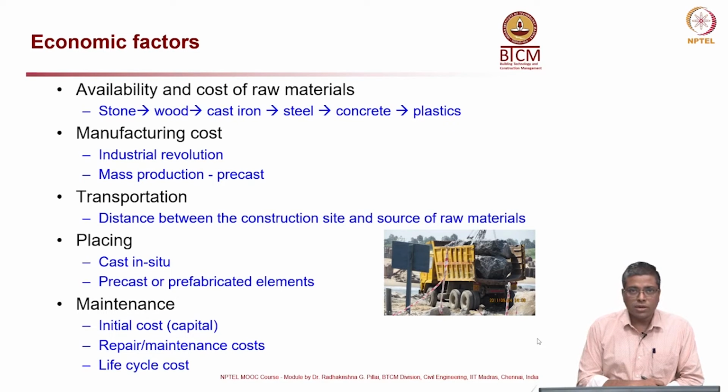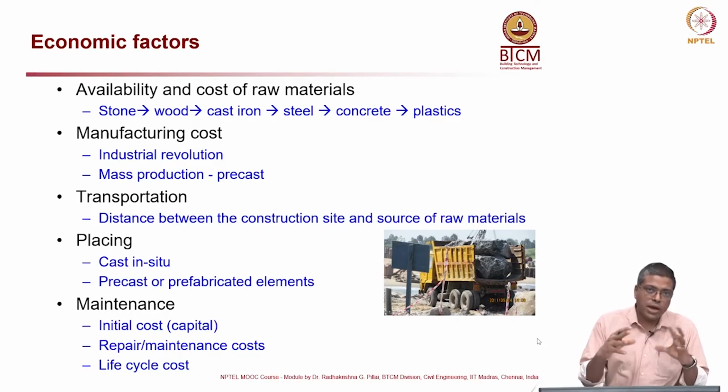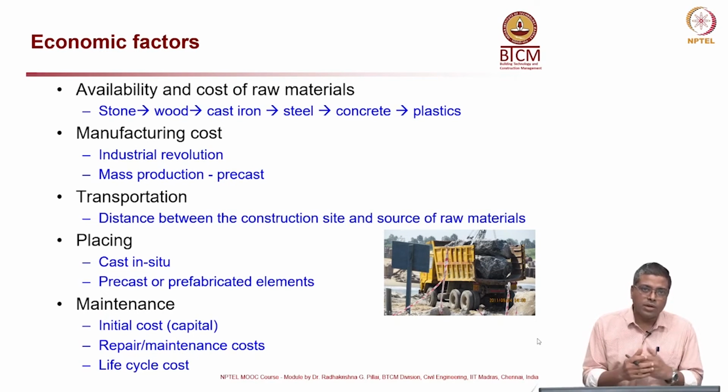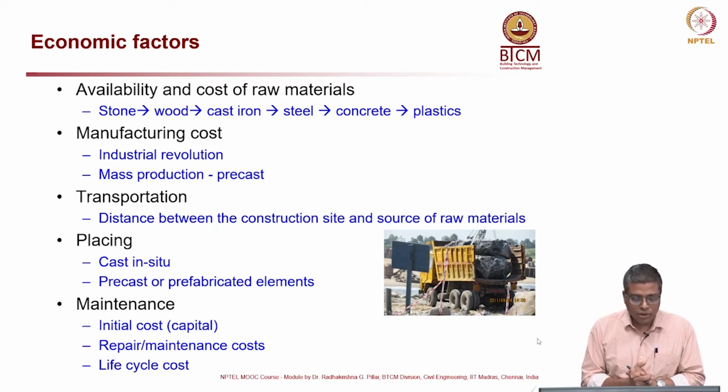So you have to think about the unit cost of the material, where you can get it from, the availability, and the transportation cost. All these have to be thought about, so that you can look at the least expensive or optimal option, again without compromising the quality of the construction.